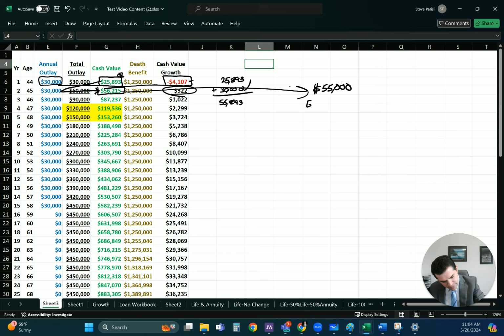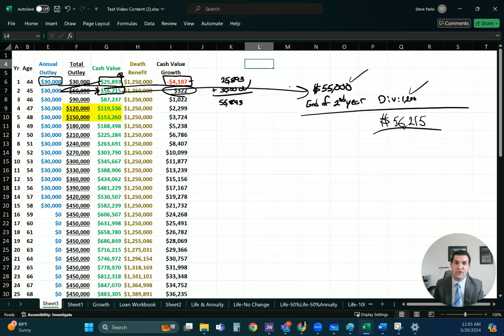And then at the end of the second year, I get that dividend, which is the surplus piece. I'll call it $1,200, and that's what gets me to the $56,215. I had 55, I got 1,200, now I'm at 56,200.